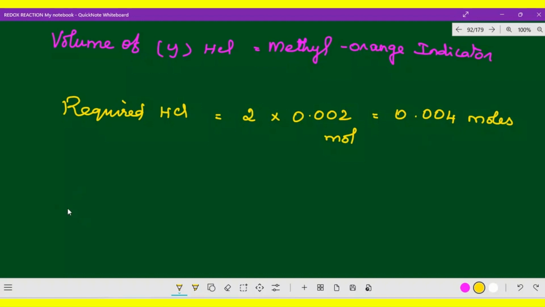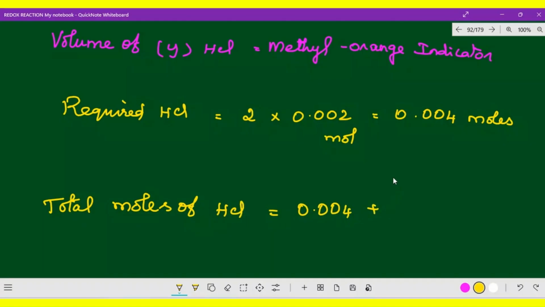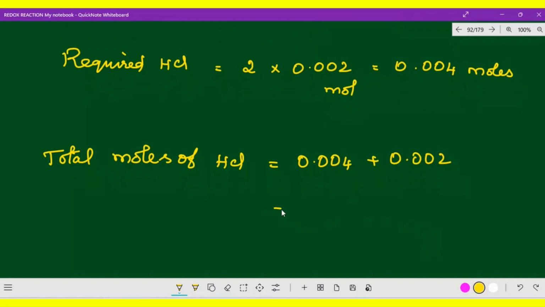Okay, now total HCl. Total moles of HCl. Here 0.004 plus in the first reaction 0.002. So you will get how much? 0.006 moles required.